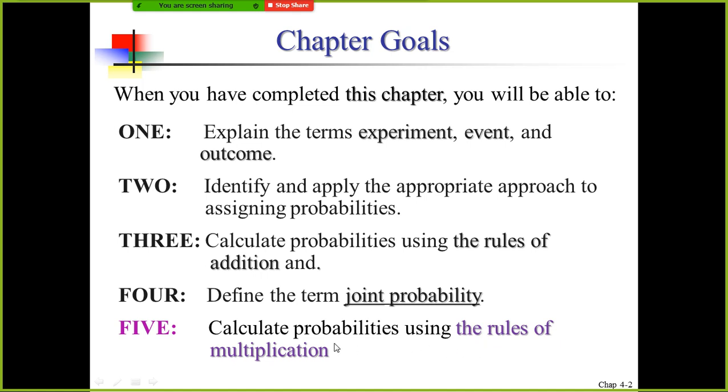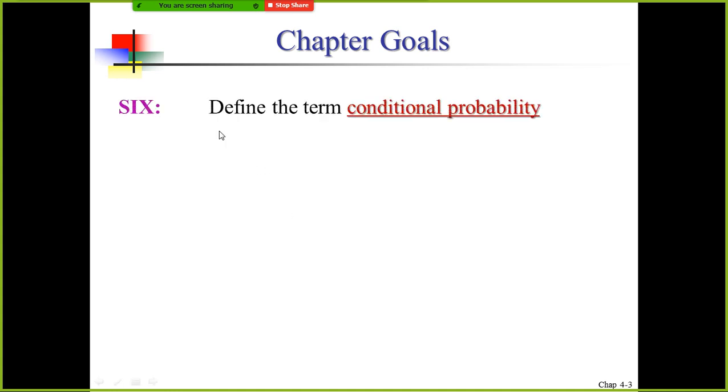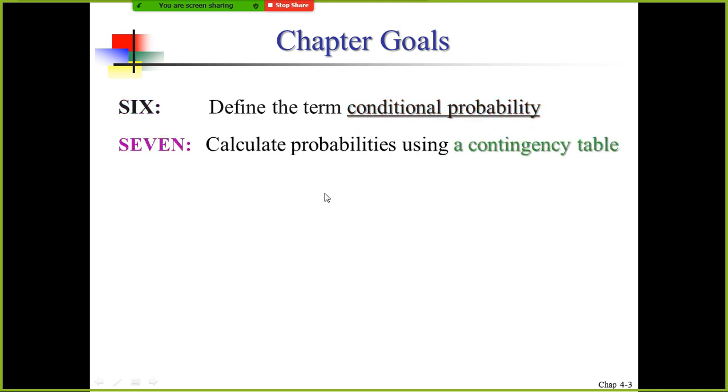Six, you will be able to define the keyword conditional probability. Seven, you will be able to calculate probabilities by using a contingency table. From a contingency table, you can calculate probabilities.